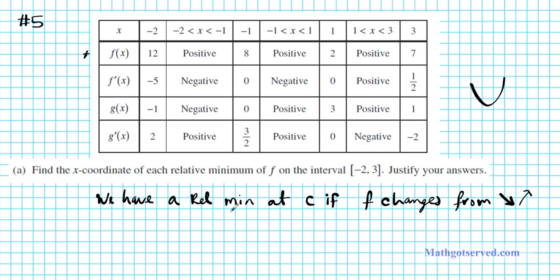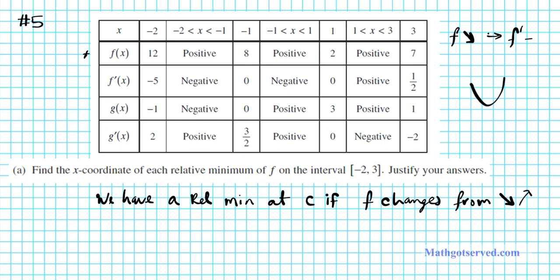When you have a relative minimum, that's also considered a critical point. So the derivative, of course, is going to be 0 at that point, but what happens with the derivative before and after that point? If a function is decreasing, we know that the derivative is going to be negative. Okay, so if f is decreasing, that implies the derivative is negative.